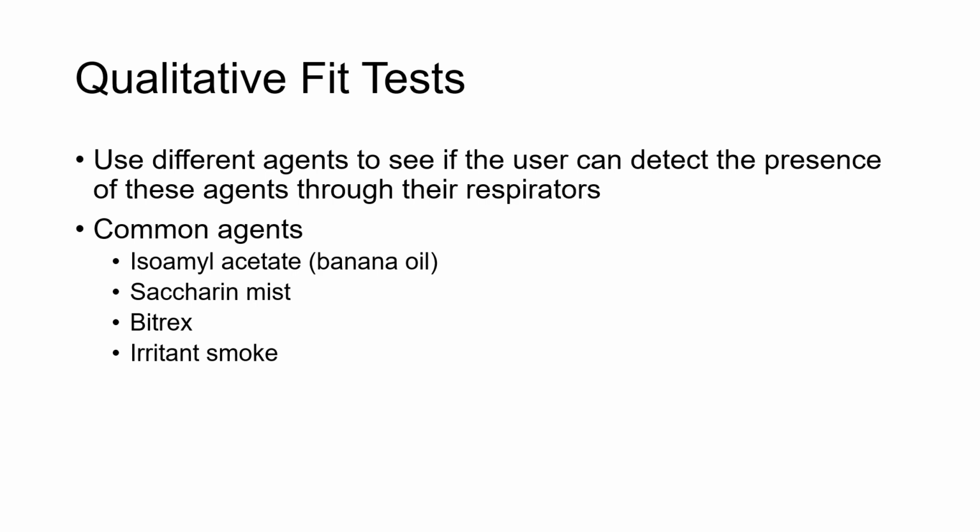They can use Bitrex, which is a bitter taste, and they can also use an irritant smoke. They introduce these agents into the atmosphere around the person wearing the mask and ask the person if they can detect them through their masks.